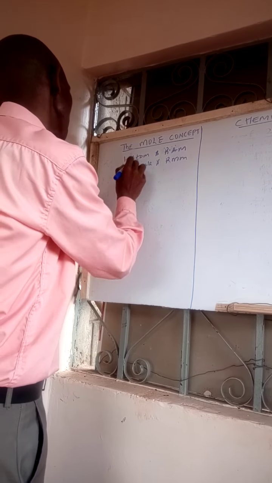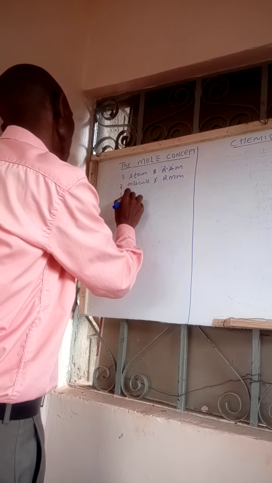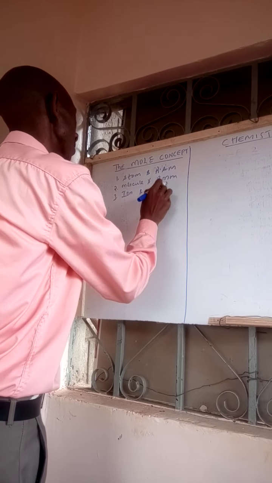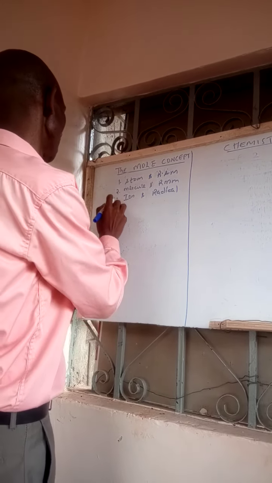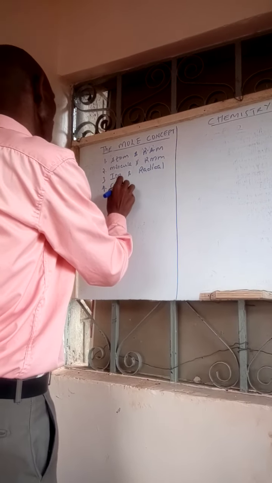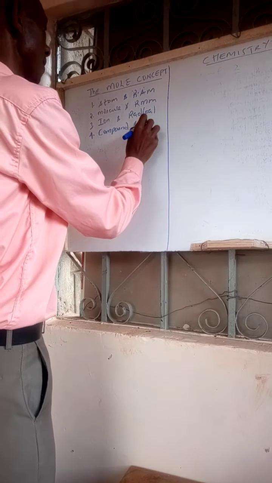The third one is ion and radical. And the fourth one is compound and RFM.